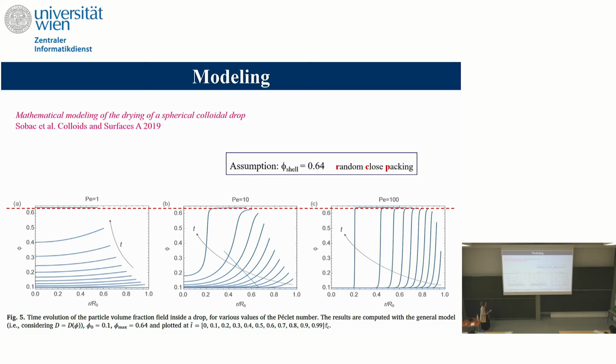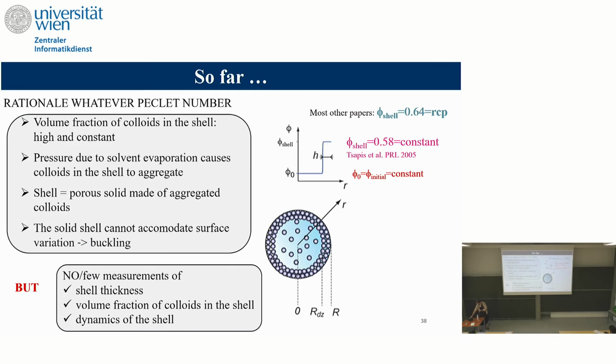At intermediate Peclet, you have a shell, but everything is smoother. But still, you have this assumption 0.64. It doesn't help us. This is one important property of the shell that was not inferred but was assumed.